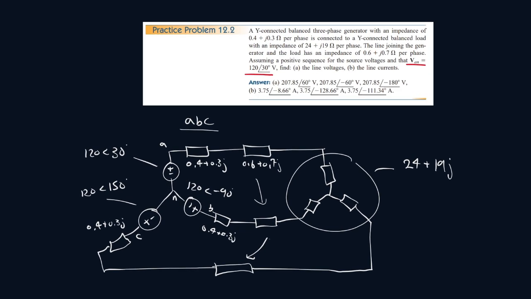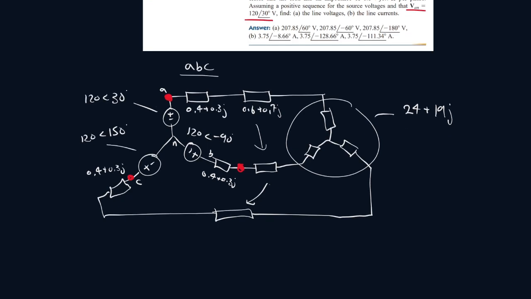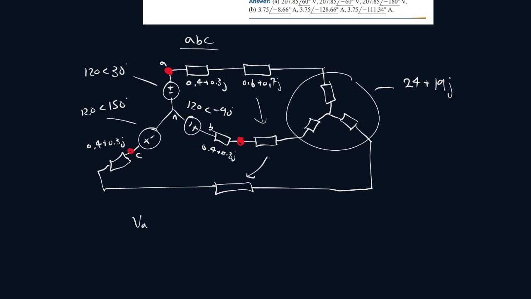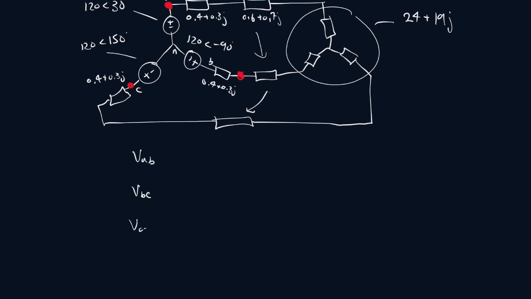So the first thing it wants is to find the line voltage. The line voltage is the voltage between here and here, which gives you VAB. Then we have to find the voltage between here and here, which is VBC, and then the voltage between here and here, which is VCA. So how can you solve this? We have to find VAB, VBC, and VCA.